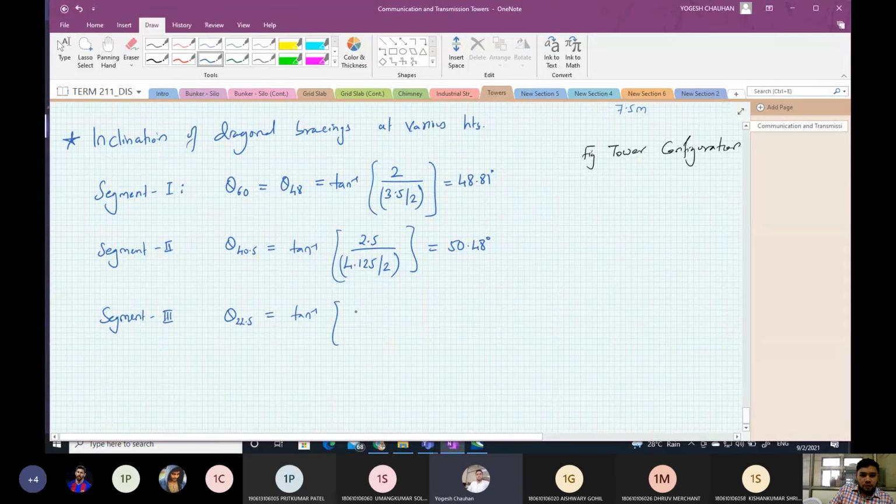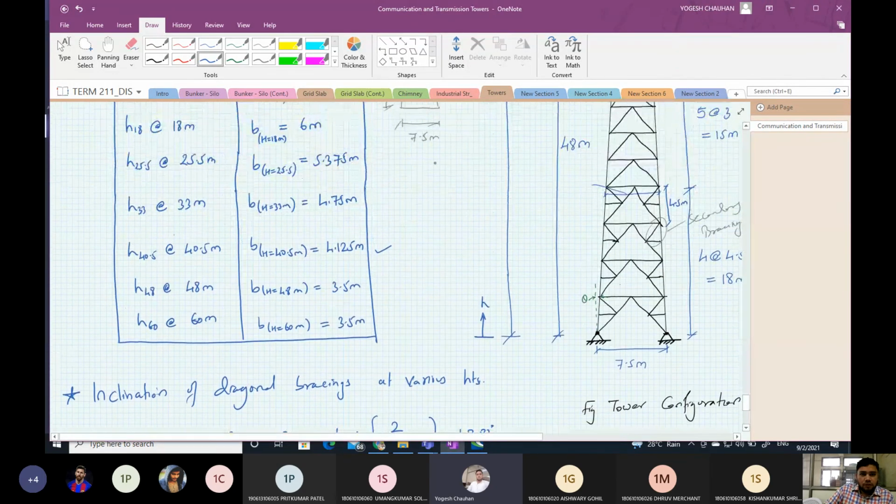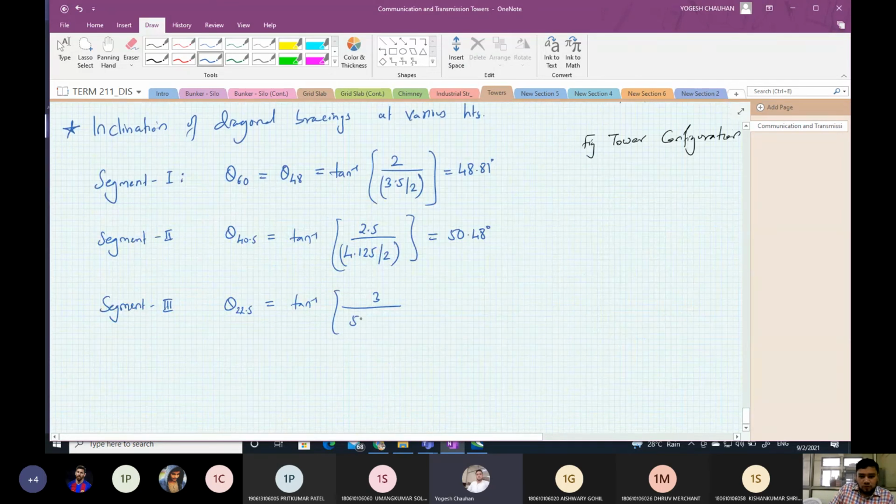So at 22.5, the panel height is 3 meter, divided by, corresponding to 22.5, the width 5.375 by 2. So the inclination for this is 48.14 degree.